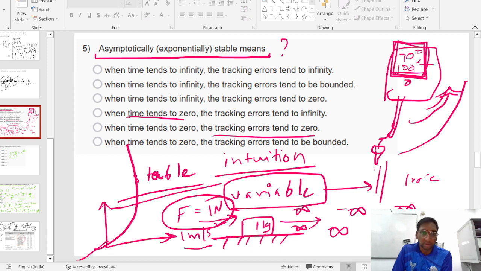Asymptotically stable means what? When you say stable, stable means bounded input gives bounded output, right? So the output should be bounded. We are assuming it's a linear system, and for a linear system, this definition is good. But here is something I would like to share. For a second order system, do you know if there is some bounded input that can cause unbounded output?